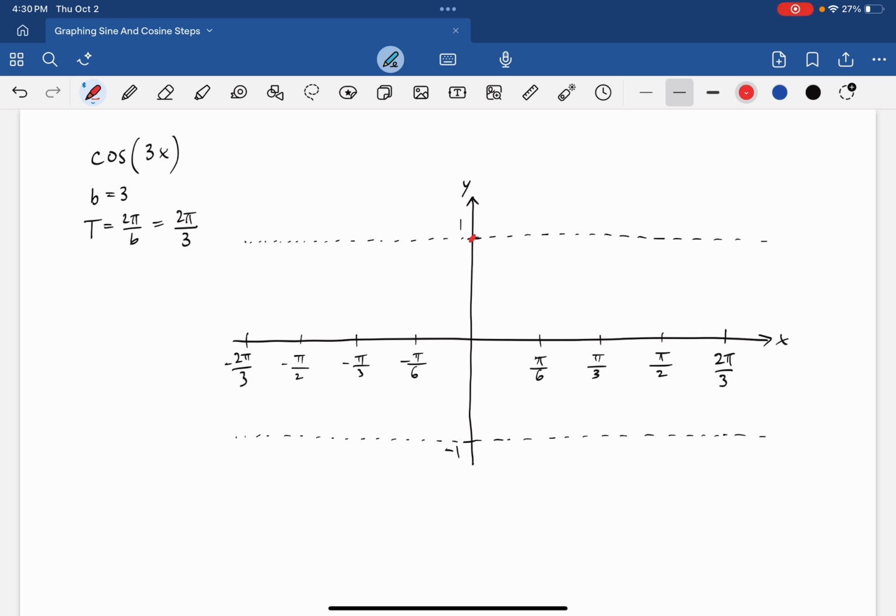And then the idea behind this trick is that every quarter period, it's going to alternate between peak, intersection, dip, intersection, peak. So if there's a peak at the y-axis, then that means at the next quarter period, so pi over 6, you know it's going to intersect the x-axis with a negative slope, actually, because it's going downwards, right?